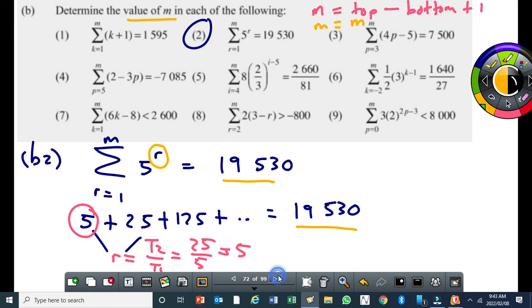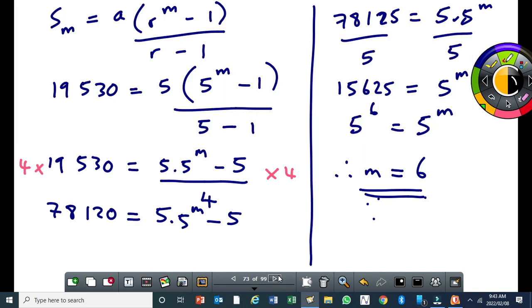Then we use the formula for a finite geometric series because we want to calculate the number of terms. Now, instead of putting n here, put m there. So the formula becomes Sm equal to that.